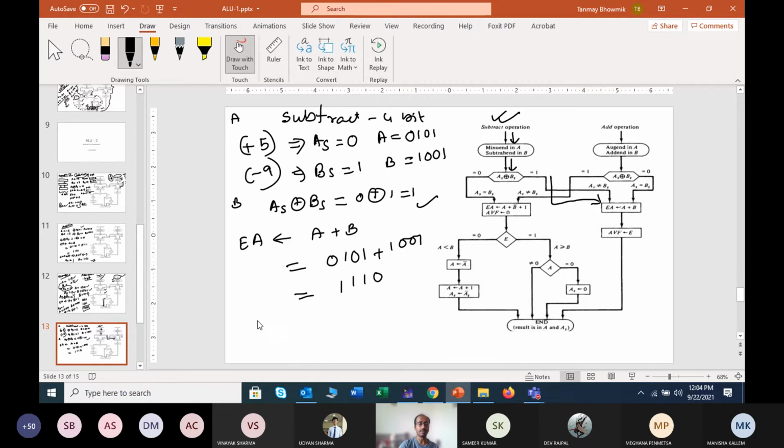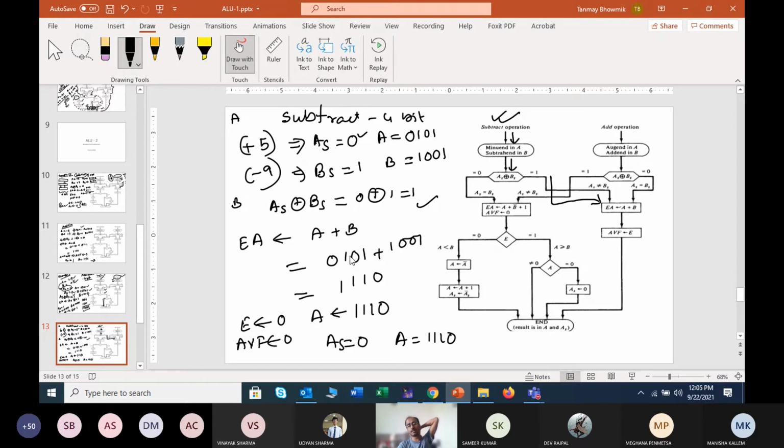So your E is holding a 0 and your A is holding 1, 1, 1, 0. This E should be transferred to ABF, so ABF is also 0, no overflow. So finally your result should be from AS and A. In AS the sign stored was 0, so finally AS is 0, your A is 1, 1, 1, 0.